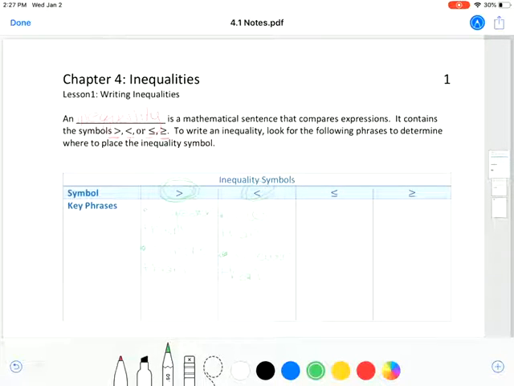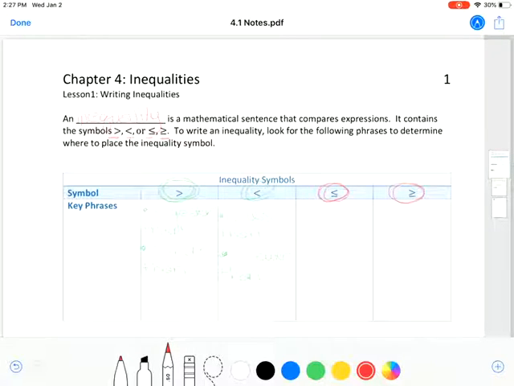Our other 2 signs, if you guys notice, they have these little lines underneath them. And so that means it's the same symbol as the 2 that we just saw. The lines just add something in, and what they add in is or equal to. So whenever you see the line underneath, you know that that also includes or equal to.